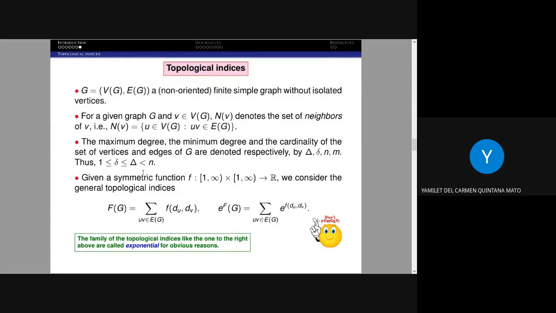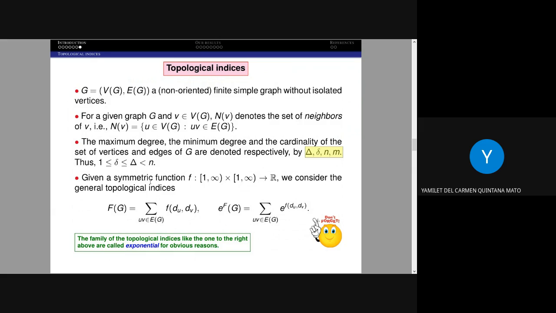Given a non-oriented finite simple graph without isolated vertices, we can consider, as is usual, the neighborhood of a particular vertex of this graph, the maximum and minimum degree, and the cardinality of the sets of vertices and edges of G, denoted by this expression in each case.